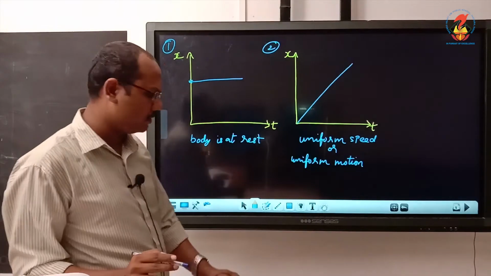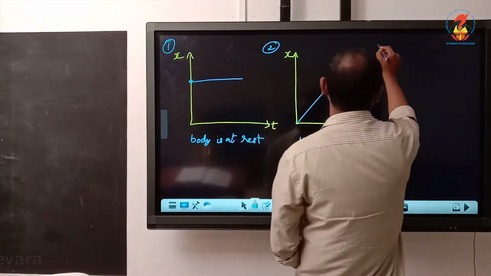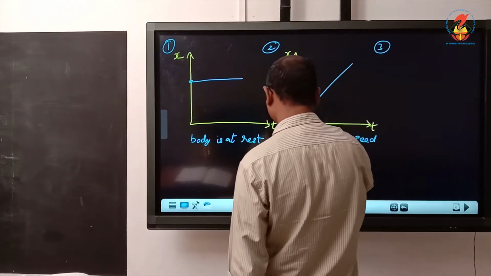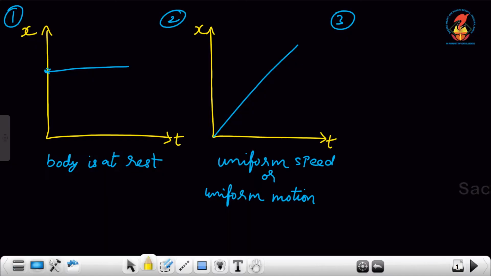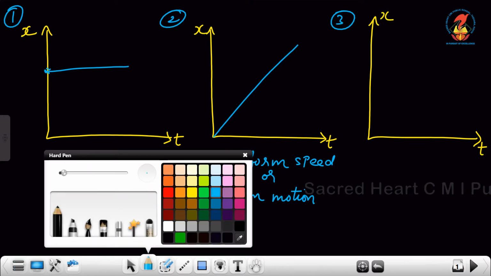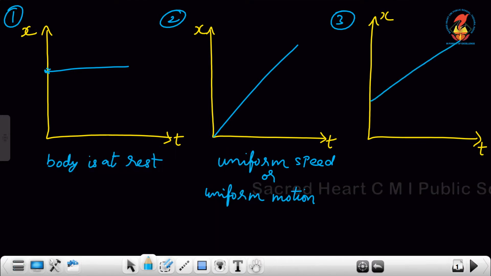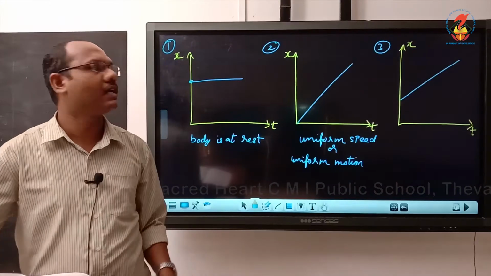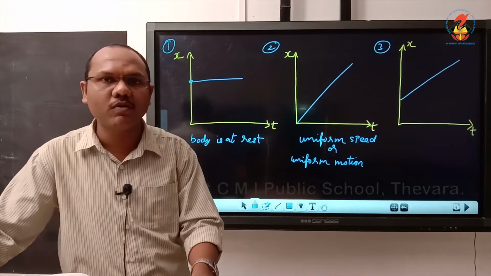Now third graph. What is the difference between the second graph and the third graph? Both of them resemble each other, no?